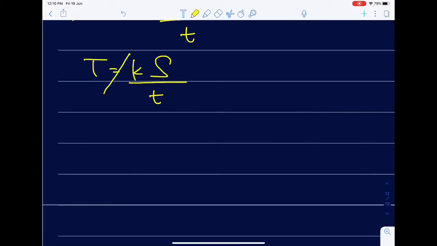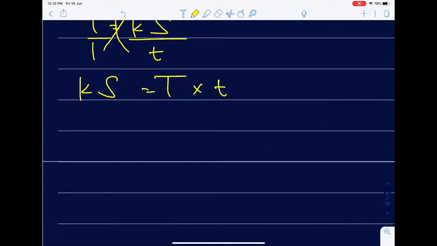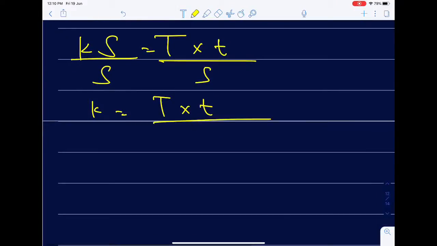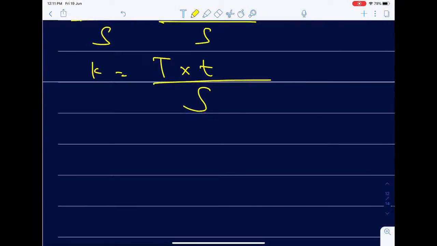From here, we cross multiply, because the essence here is to obtain K. KS equals big T times small t. And now if you divide both sides by big S, K is going to be equal to big T times small t all over big S. Now, you can copy that, paste that back.